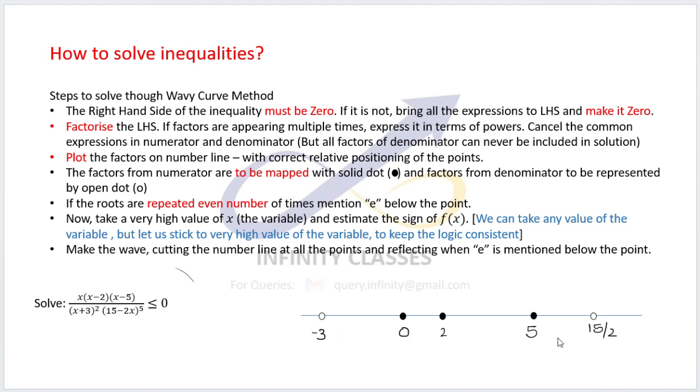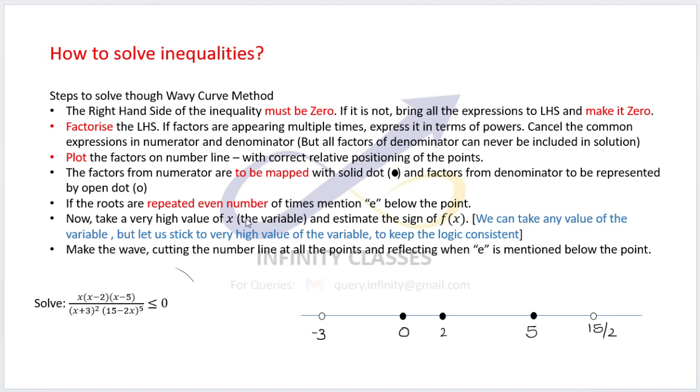Now, whatever are the factors in the numerator, make them solid dots, the way I have done here. 0, 2 and 5 are the factors in the numerator, so I have made them solid dots, and the denominator factors are written as open dots. So this is taken care of.